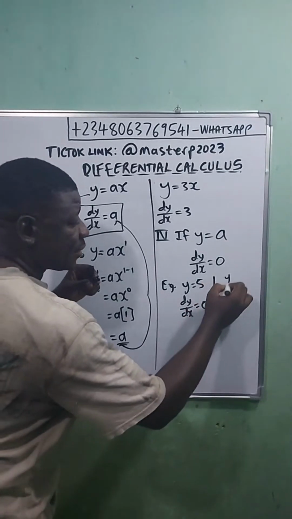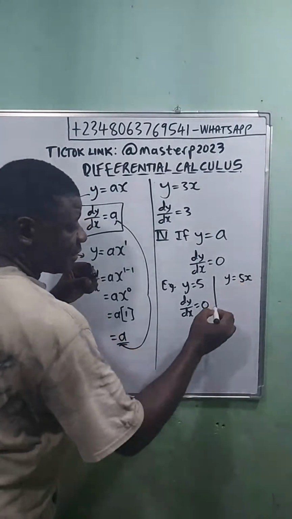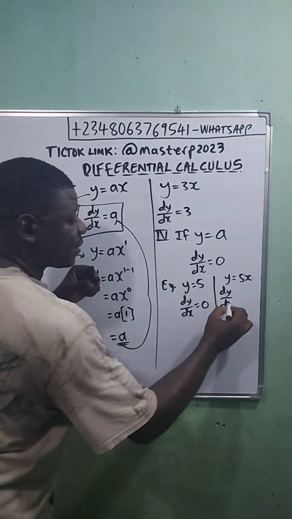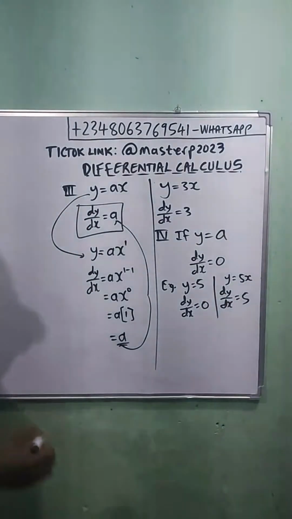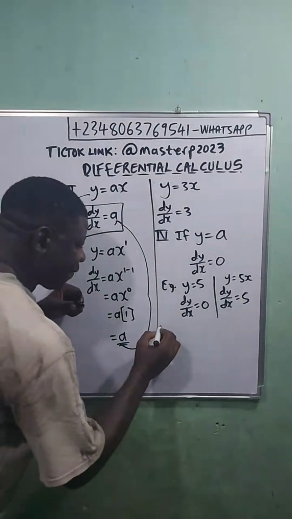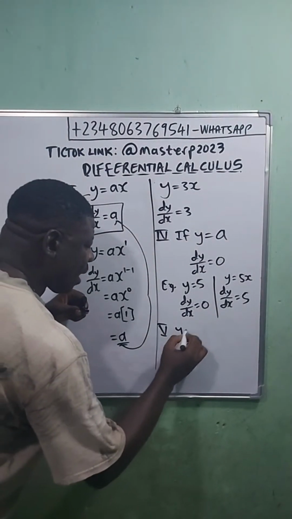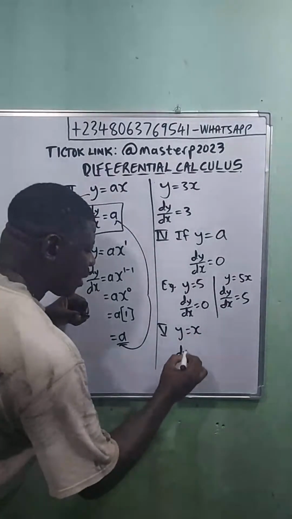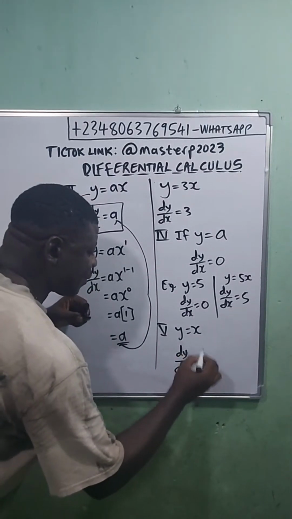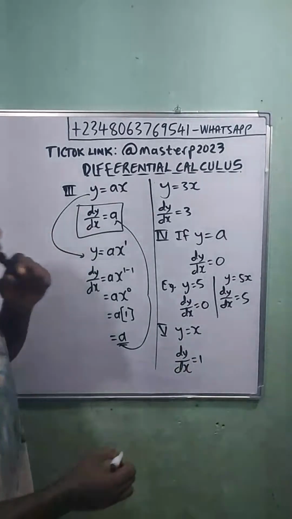But had I had y to be 5x, if I differentiate 5x, what I'm going to get is 5. Then the fifth one: if y equals x, whenever you differentiate x with respect to x, what we are going to get is a 1.